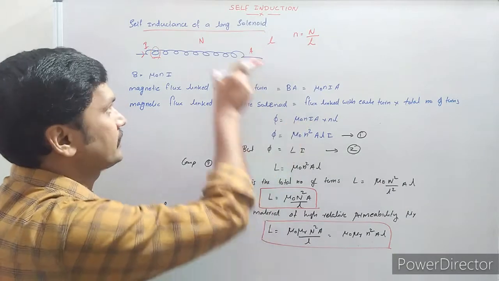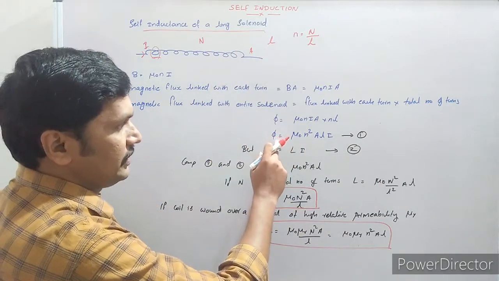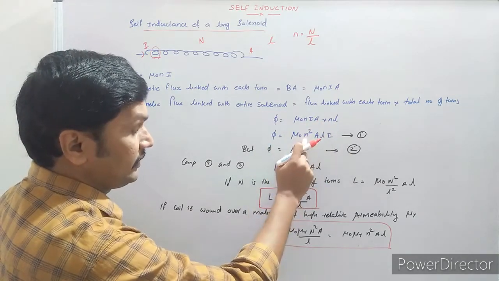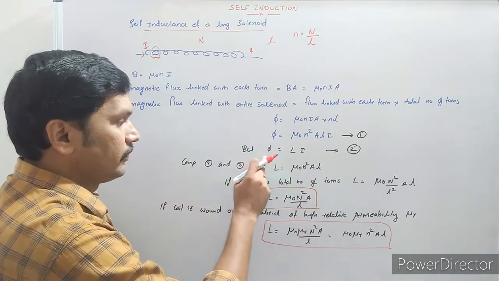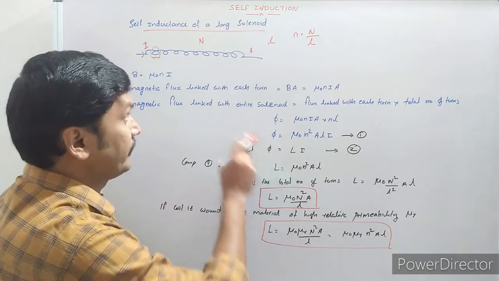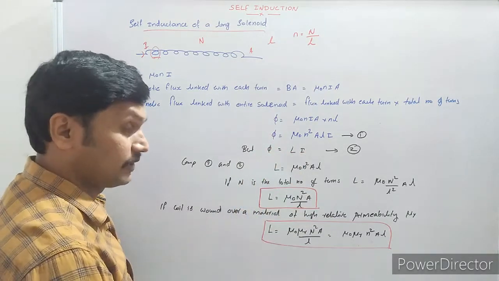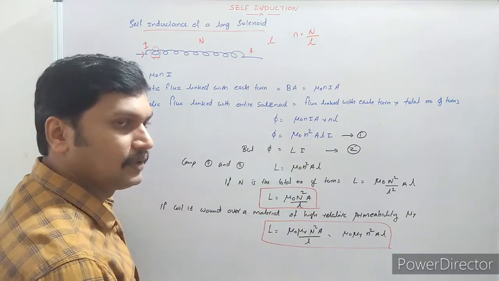So this is the total flux of this coil. Rearranging this equation, flux phi is equal to mu 0 n square A l into i. Or we know that the flux of any coil can be written as its self-inductance into the current passing through that coil. Flux phi is equal to L into i.